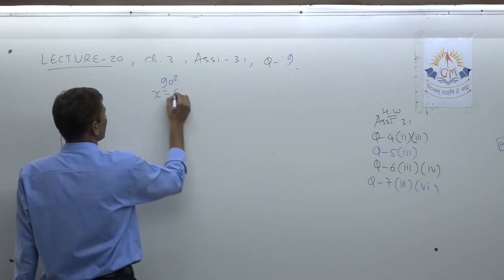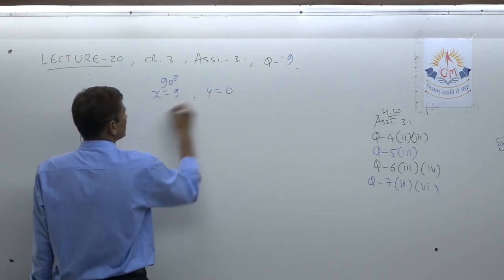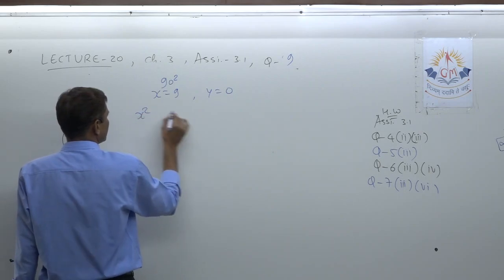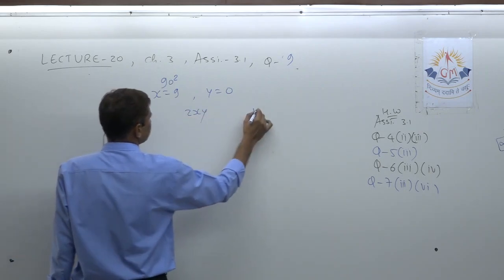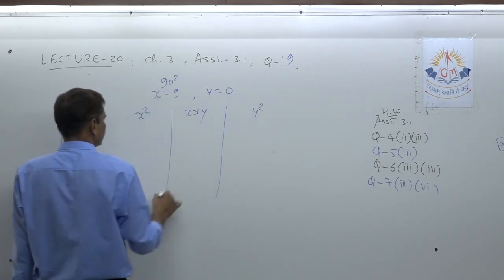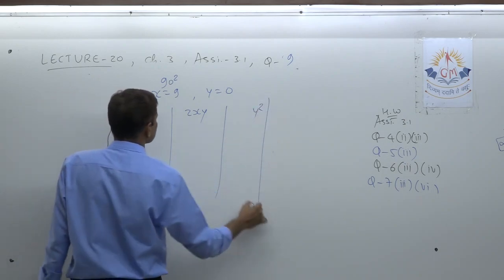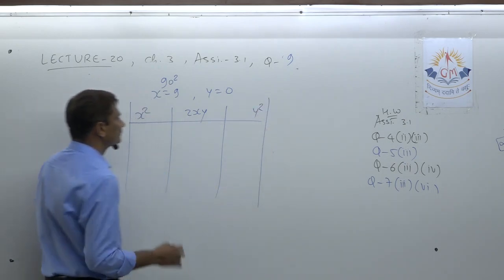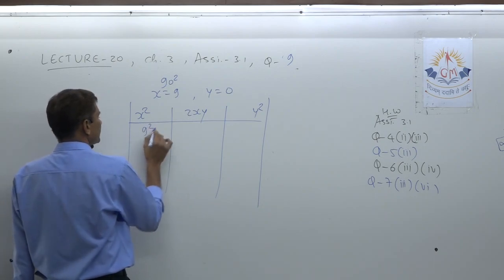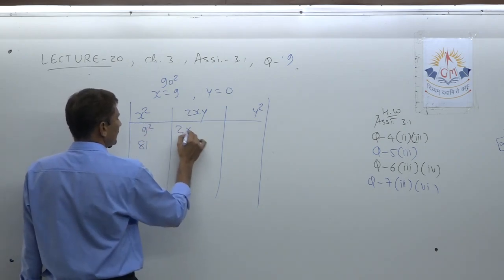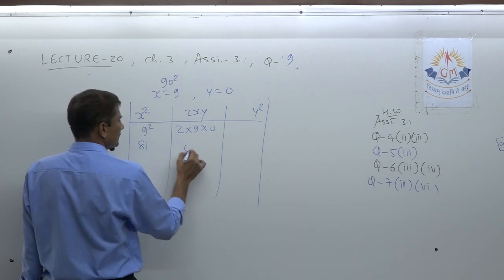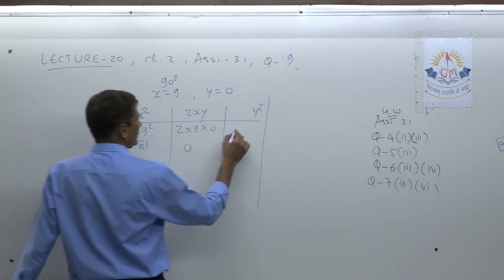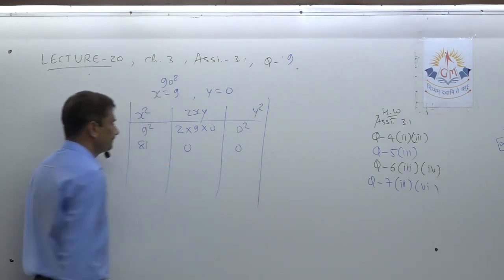So x equal to 9, y equal to 0, and always this column is fixed. So here 9 square 81, 2 into 9 into 0 is 0, 0 into anything is 0, 0 square 0.